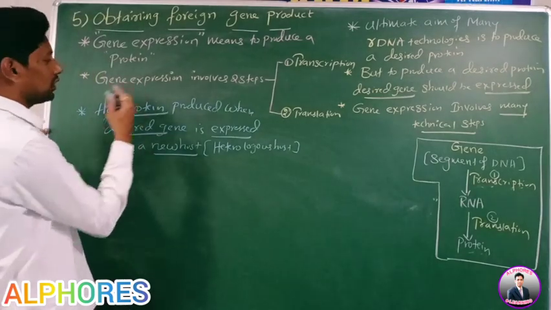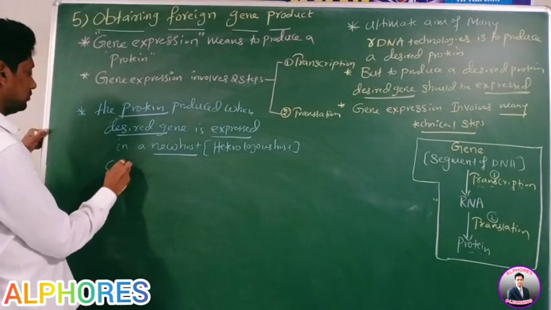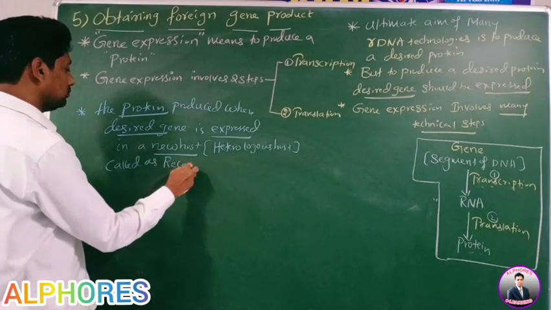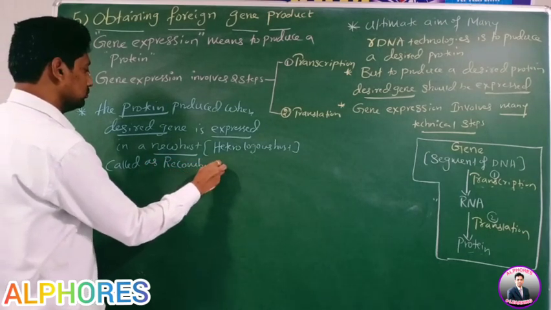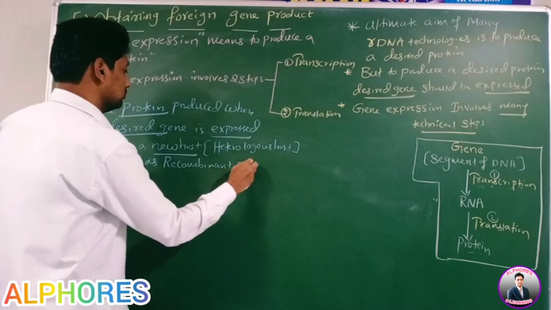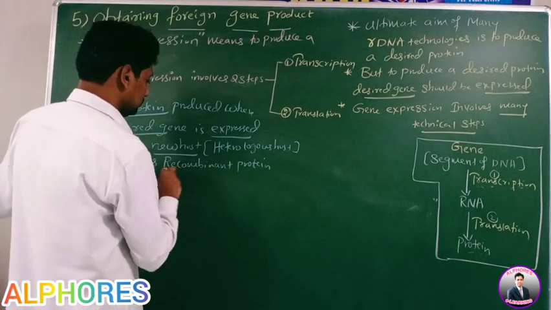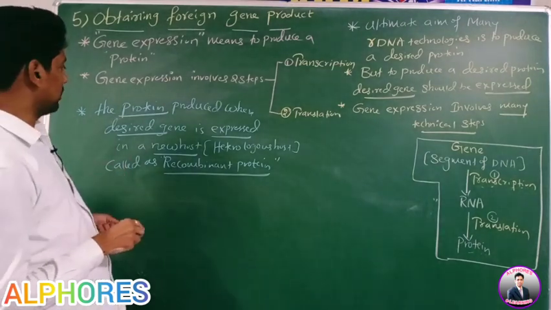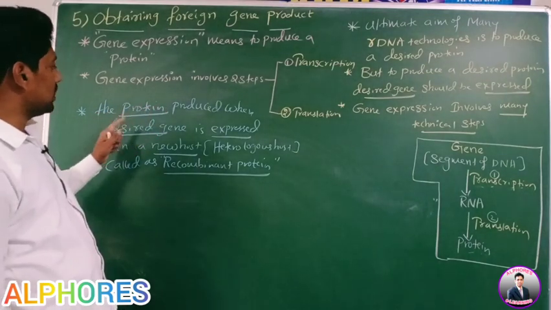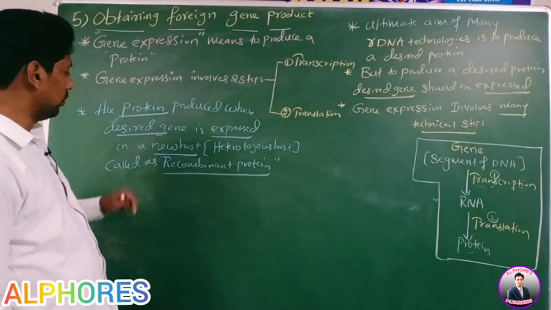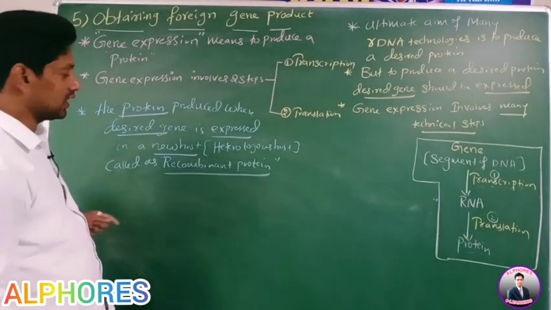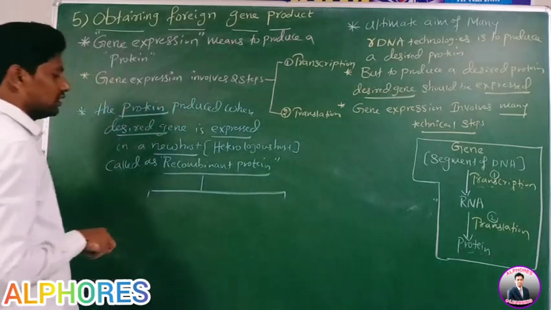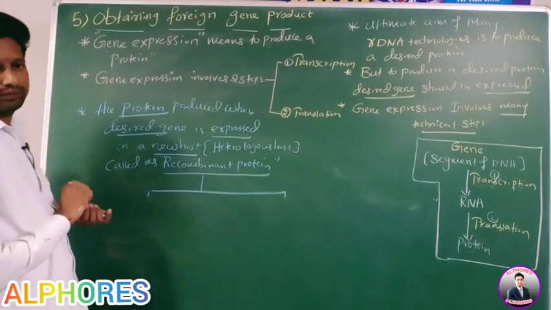Then what is that protein produced called? Recombinant protein. Therefore, the protein produced when the desired gene is expressed in a new host is called what, sir? Recombinant protein.